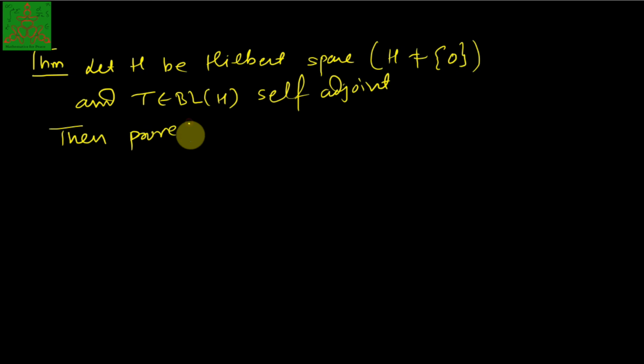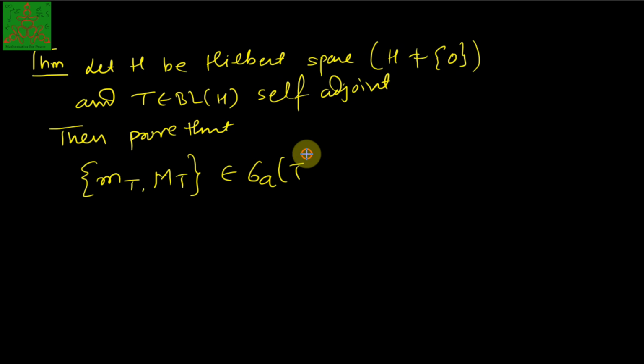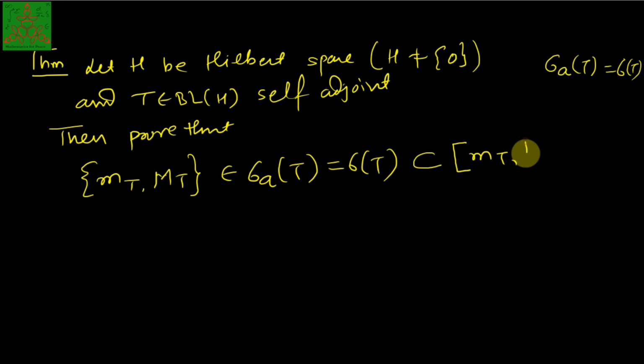Then prove that small m(T) and capital M(T), that is the infimum and supremum of the numerical range, belong to the approximate eigen spectrum of T. For a normal operator, we already proved that the approximate eigen spectrum and the spectrum of T are the same. So the spectrum of T is a subset of the interval from small m(T) to capital M(T). That means the spectrum is also bounded by this interval. So let us try to prove this statement.